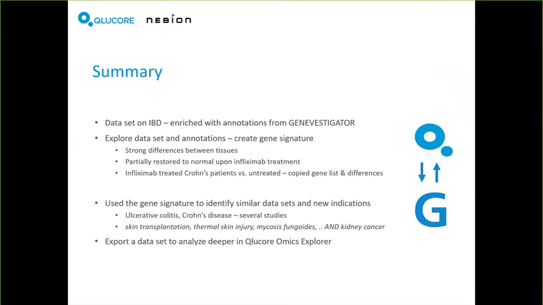This signature was then used in Genevestigator to identify similar data sets and new indications, such as ulcerative colitis and Crohn's disease. We found several studies, as well as studies on skin transplantation, skin injury, and kidney cancer, which we could export as a data set and analyze deeper in Qlucore Omics Explorer.